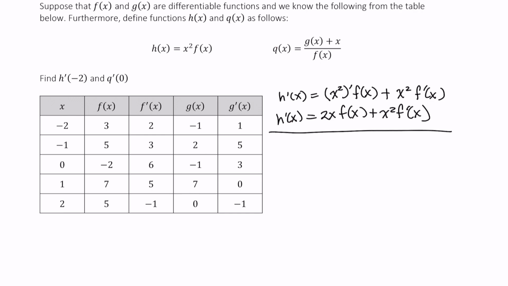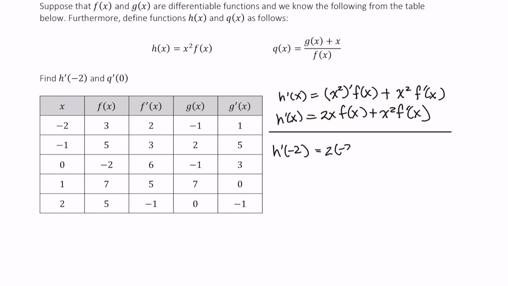Now that we've done that, let's find h prime of -2. This tells me to replace every x here with a -2. So we want f evaluated at -2, f prime evaluated at -2, but we also need to multiply -2 by 2 and take the square of -2, that is, multiply it by itself.